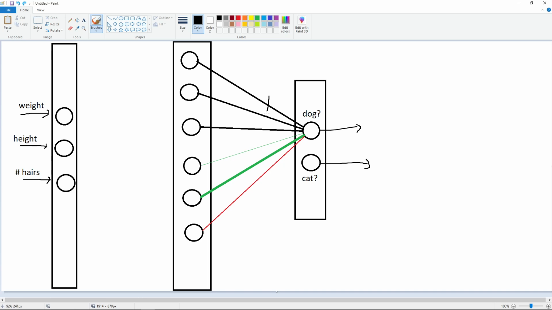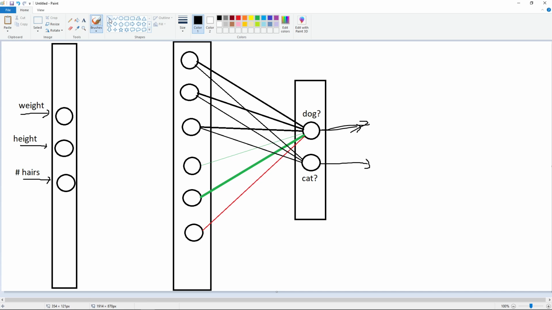So you weight all these opinions, you take into account your own opinion, and then you make a decision. And this also happens for the cat. I'm not going to draw everything, but the cat also asks for these opinions, and then these neurons tell the cat neuron something, and then the cat weighs these opinions, adds its own opinion to the mix, and then decides something.